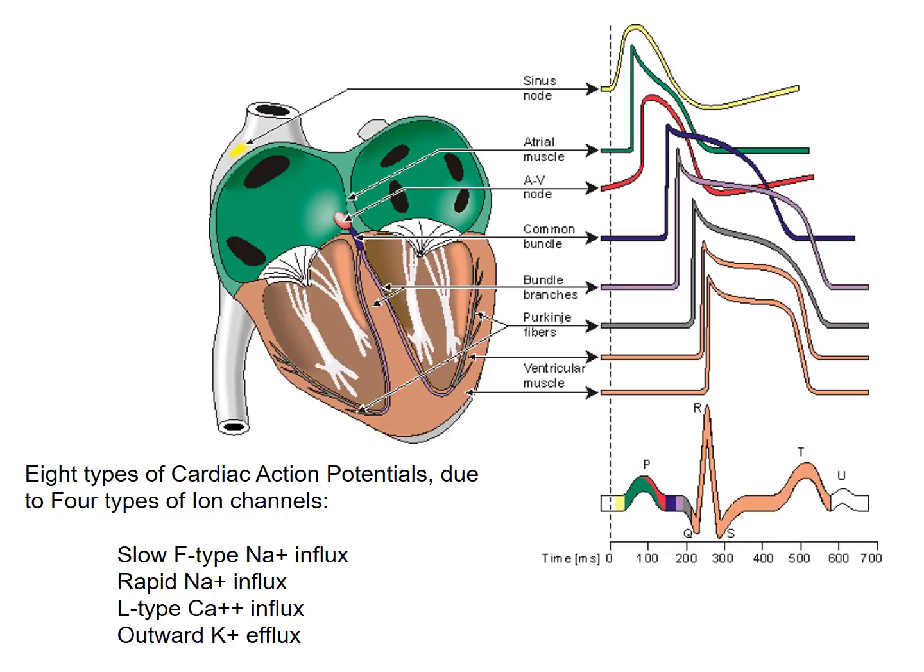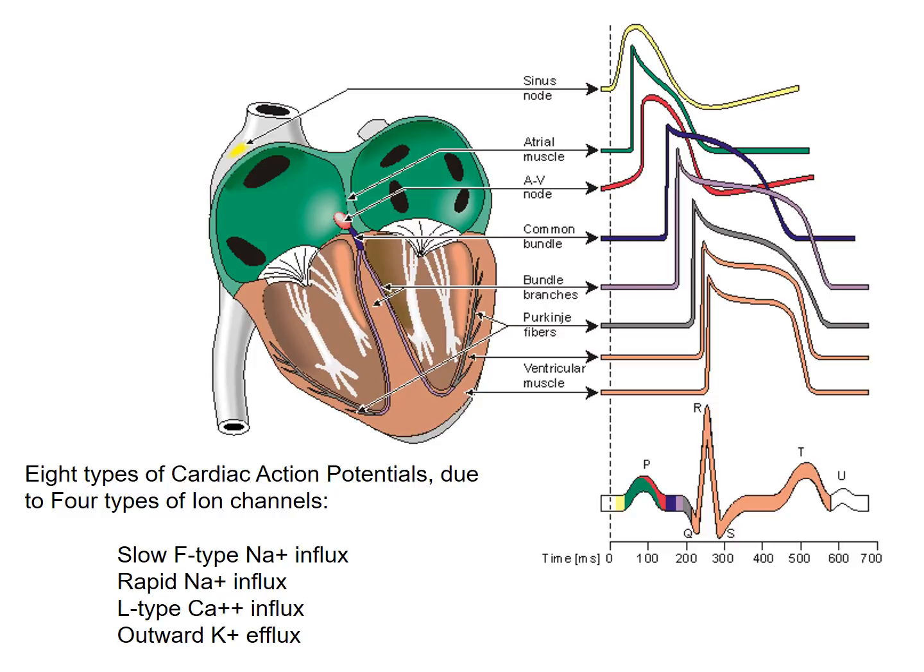The action potential of the heart: there are 8 different action potentials in the heart, but there's really only 2 of them that we're talking about. We're talking about what the action potential looks like in the sinus node and what the action potential looks like in ventricular muscle.